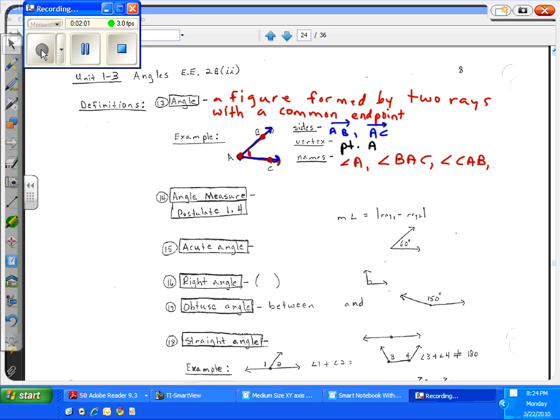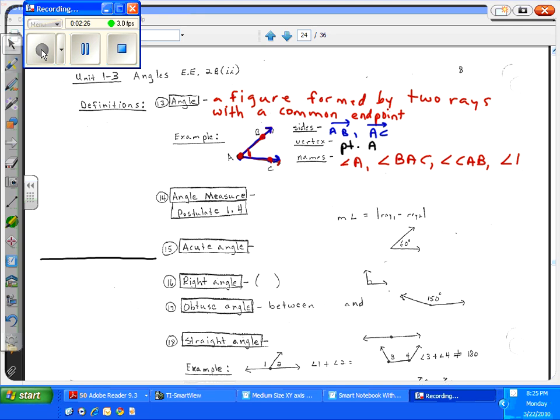Or there might be a little number in the corner, not a degree measure, but a number denoting that as being angle 1. So we can name an angle by its vertex, if it's the vertex of only one angle, by a point on one side, then the vertex in the middle, and a point on the other side, or by a number that is in the corner.